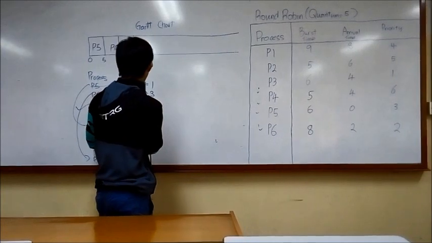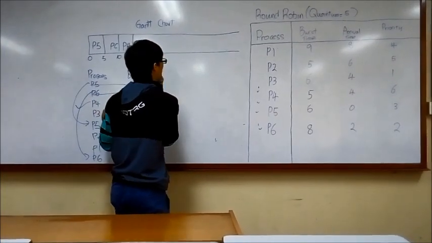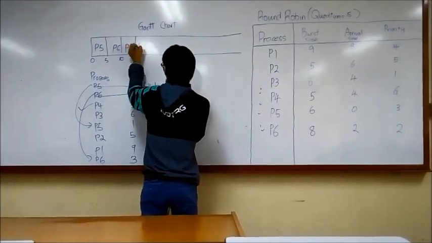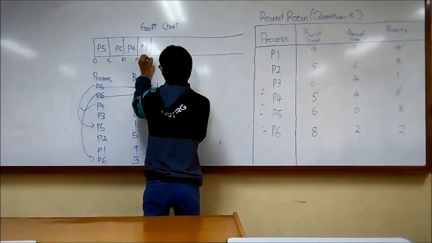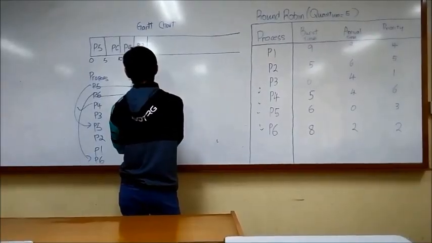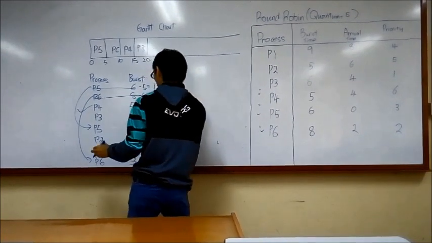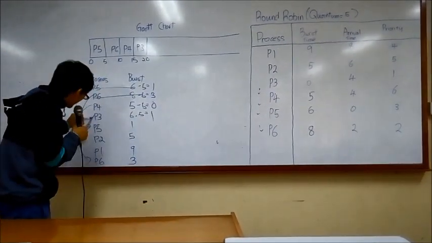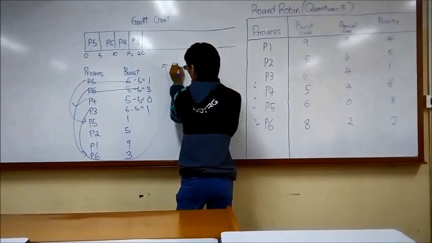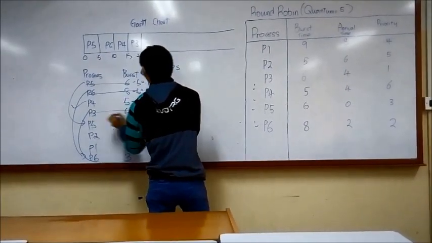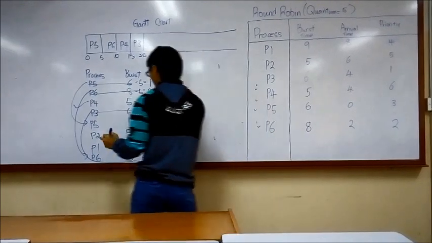Then P3 is 6. We put P3 into the Gantt chart, plus 5 again, which is 20, and minus 5 leaves 1. Because the space is not enough, I simply continue on another side with P3 having 1 burst time left.